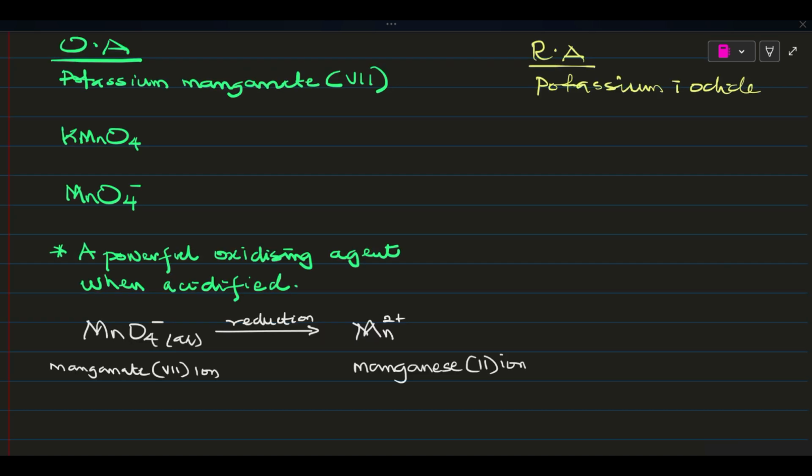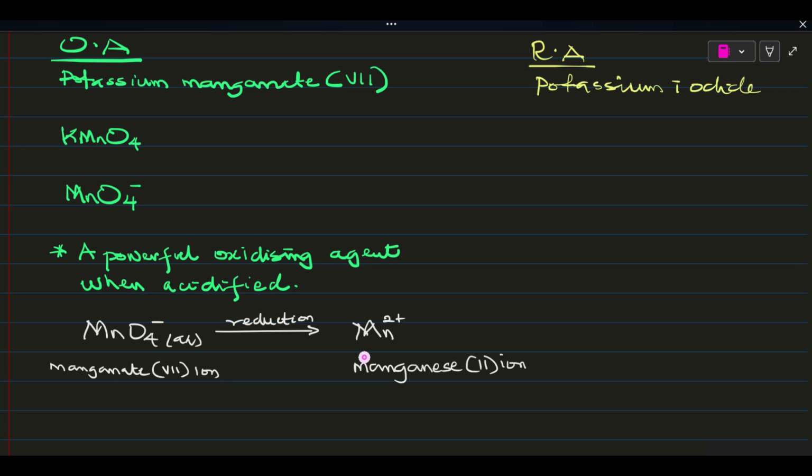Remember, manganese is a transition element, and one of the properties of transition elements is that they can have more than one oxidation state. So in potassium manganate 7, the oxidation state of manganese is 7. So that is why we call this manganate 7 ion.